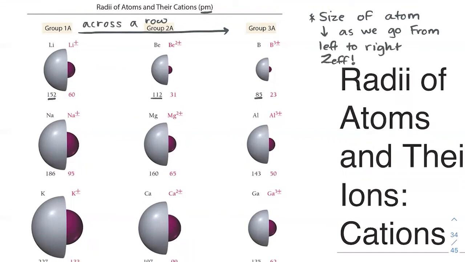As the Z effective increases, that literally means the electrons on the outermost shell are feeling more of the protons in the nucleus and therefore being held tighter. So as we think about the Z effective, yes, we're increasing the number of proton count. Yes, we're increasing the number of electron count, but the actual attraction between those protons and those electrons, the Z effective, is increasing as we go across the row. And so therefore, the size of the atom decreases from left to right.